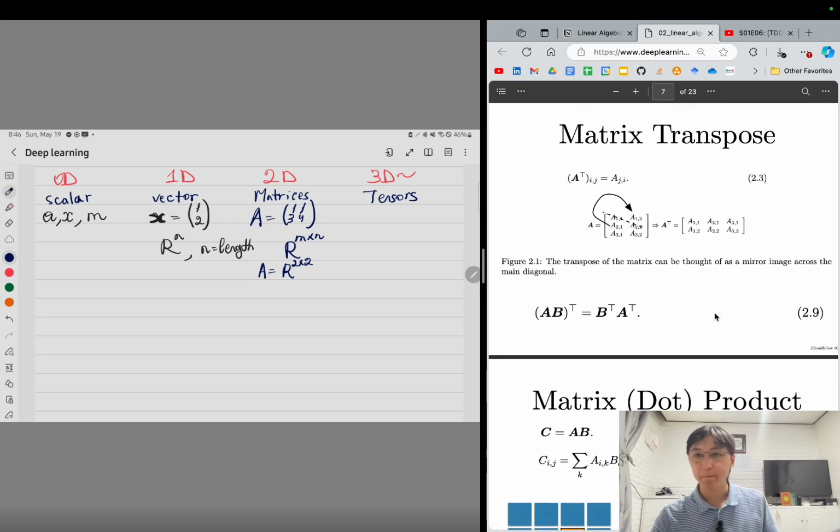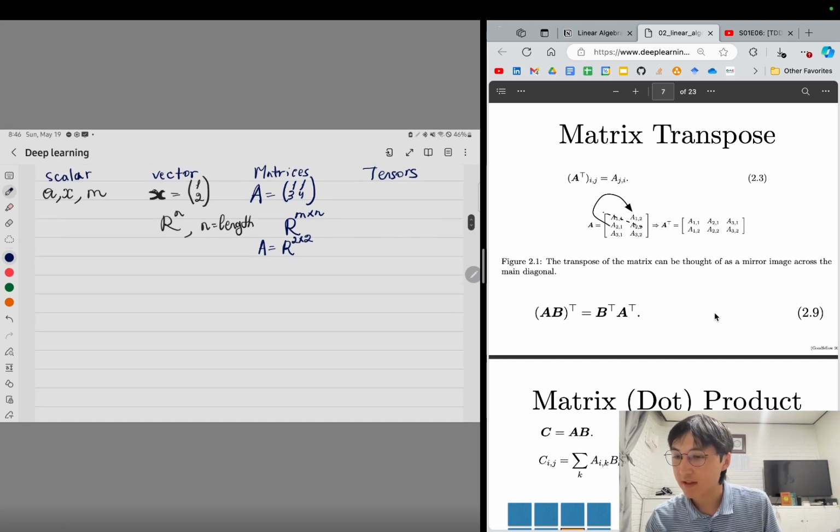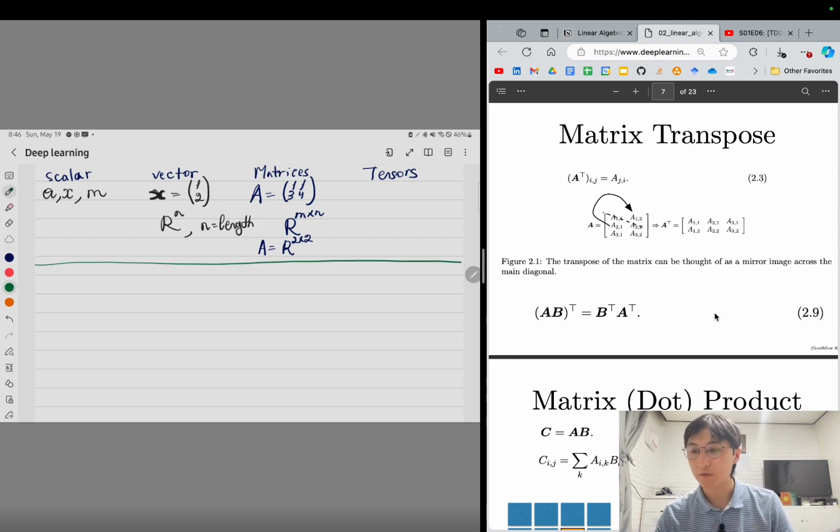So next one, matrix transpose. One of the most important things is the matrix transpose. It's very useful. Matrix transpose is just taking the matrix and flipping it around. It means that the values in a column go to a row and the values in a row go to a column.